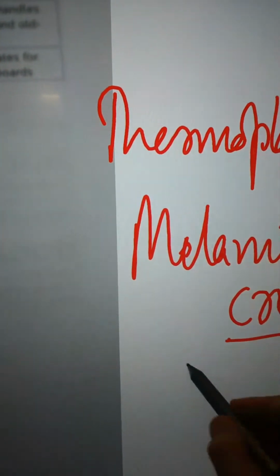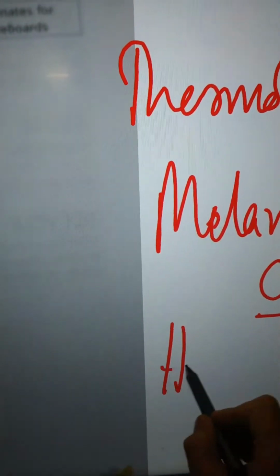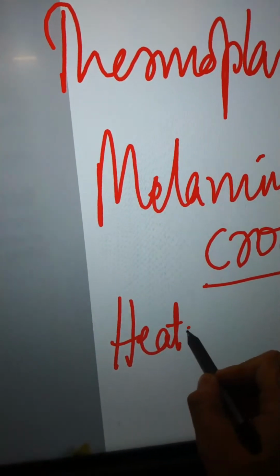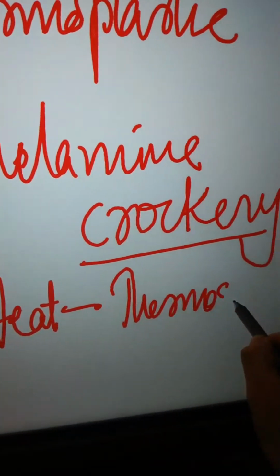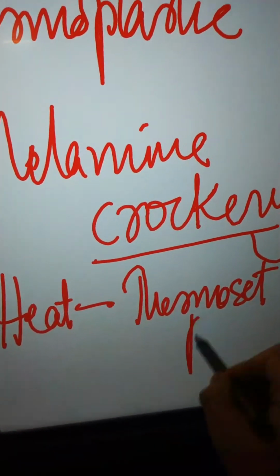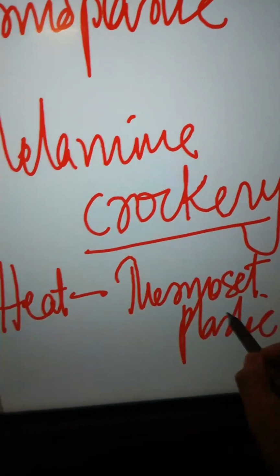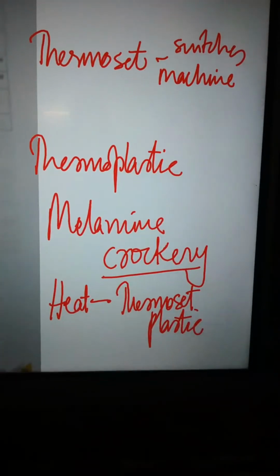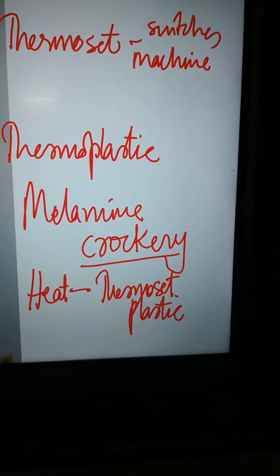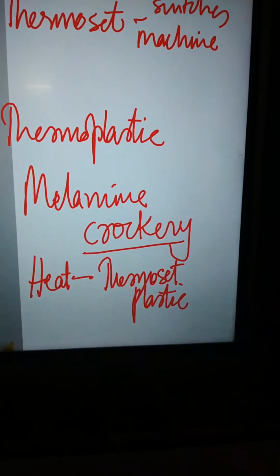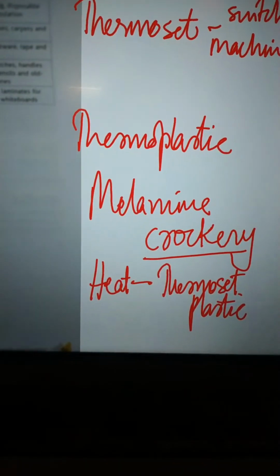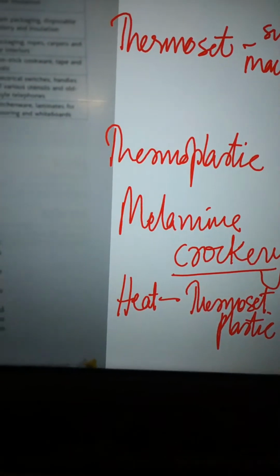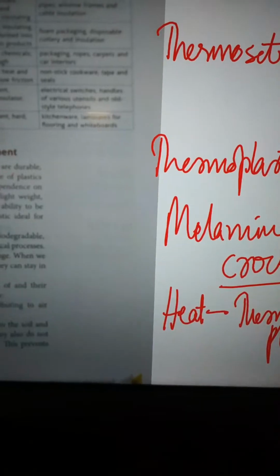So all the materials where you don't want heat to affect, we use thermoset plastic. Thermoset plastic is used because it is not affected by heat, and it is used for making kitchenware, laminates, flooring. These days people use floor cover which is made up of plastic.